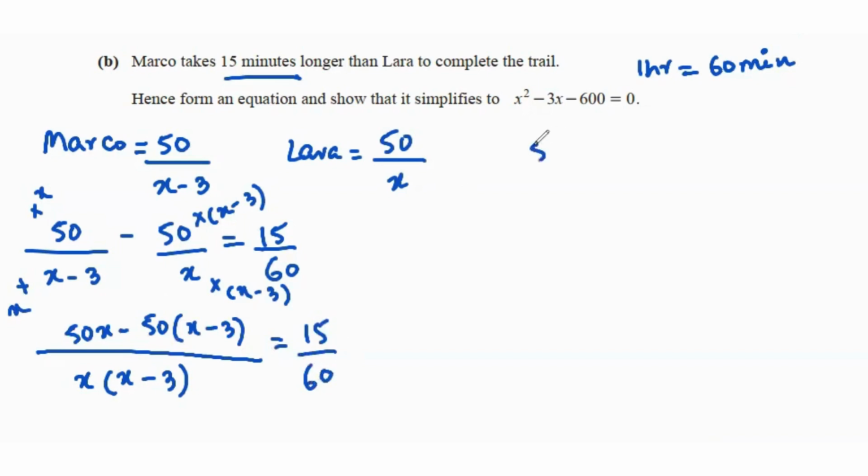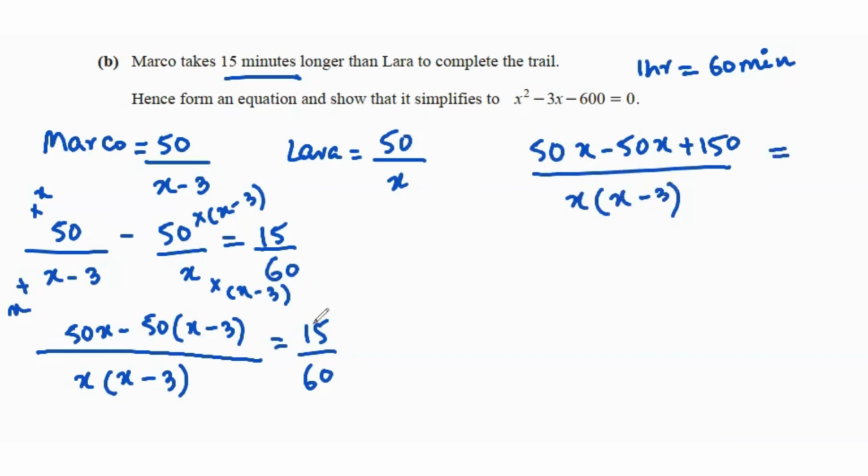That's going to be 50x minus 50x plus 150 over x times x minus 3 equals 15 over 60, which can be simplified to 1 over 4, since 5 3s are 15 and 5 12s are 60.